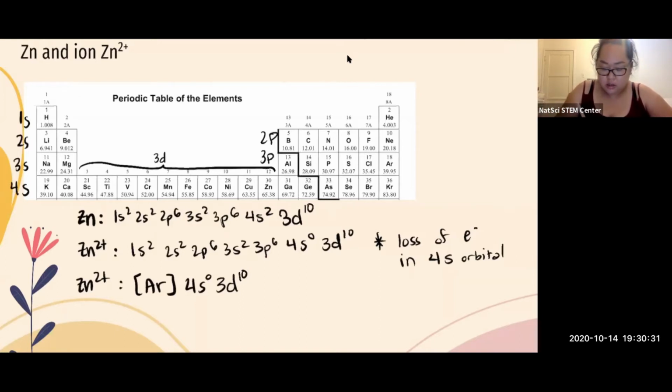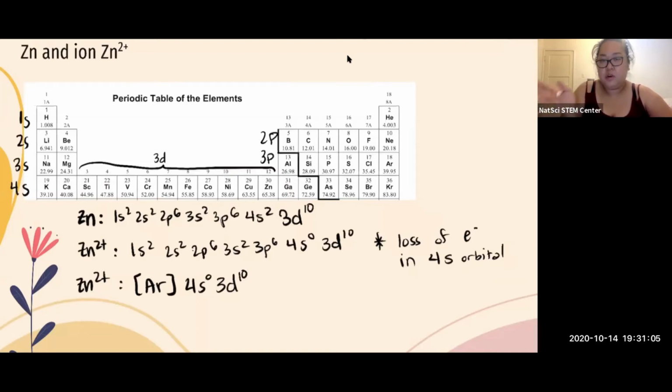For zinc, you have a full 1s orbital, 2s, 2p, 3s, 3p. Now you go into your 4th energy level, so you have 4s. But here's the funny thing about the periodic table: this transition metal section here will actually fall in the 3d, not 4d.